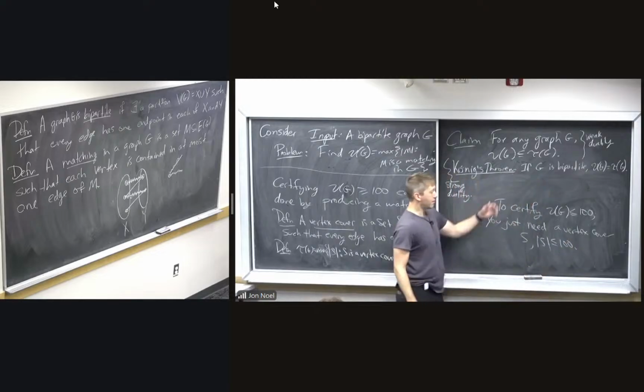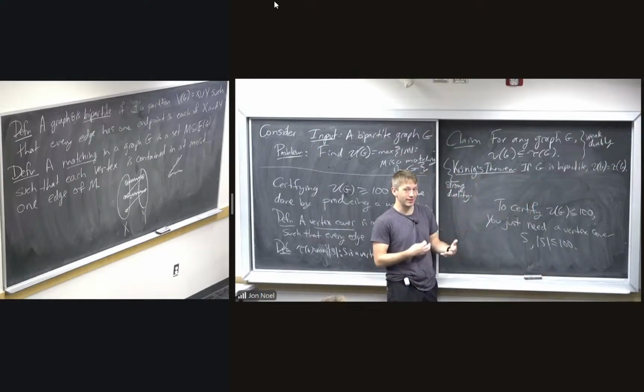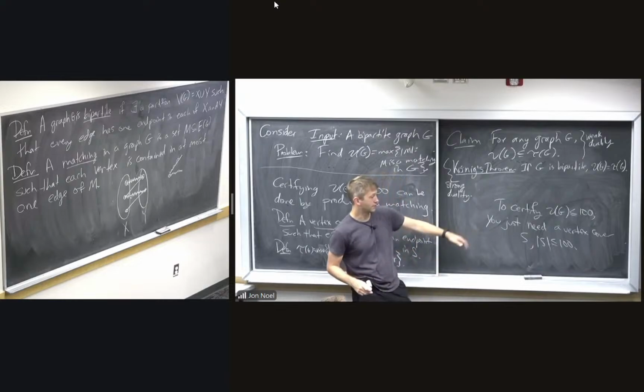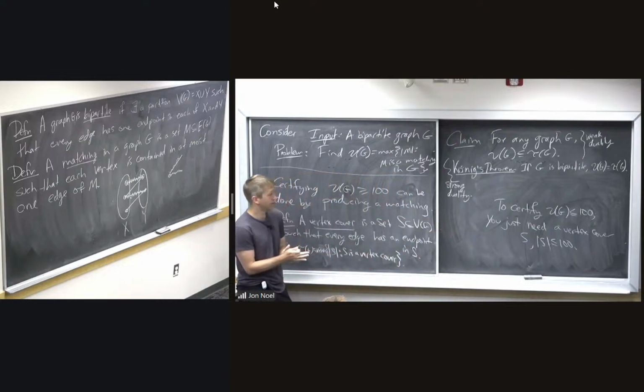And if it's bipartite, then this is basically equivalent to having a vertex cover of size at most 100. Any questions about that?